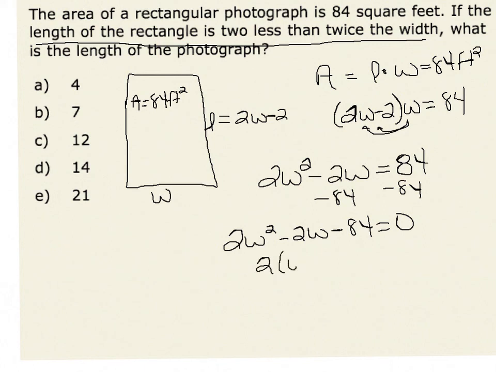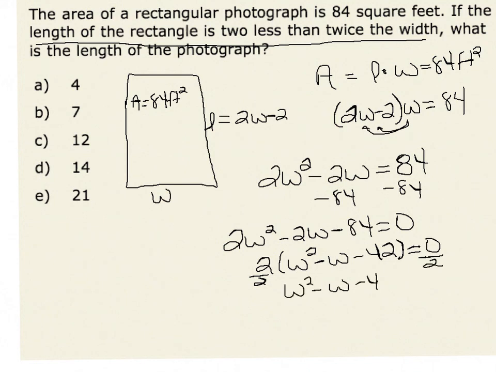Factoring out 2 from each one of those 3 terms gives me W squared minus W minus 42 is equal to 0. I could divide both sides by 2, leaving me with the quadratic equation W squared minus W minus 42 is equal to 0.